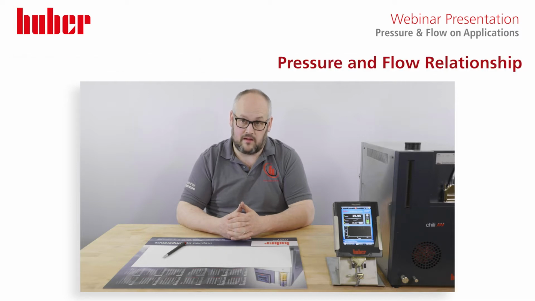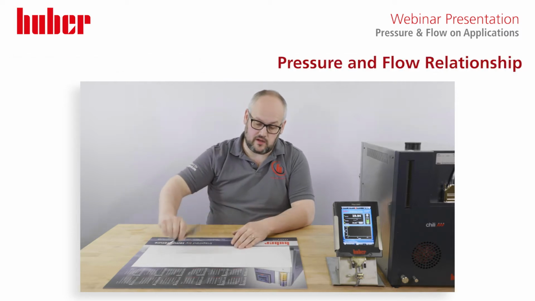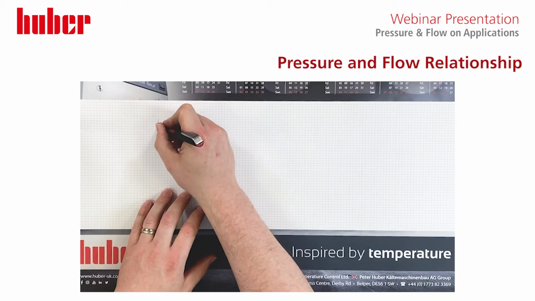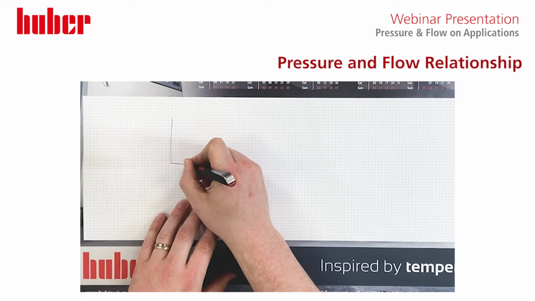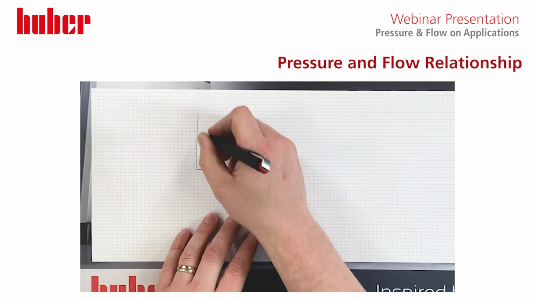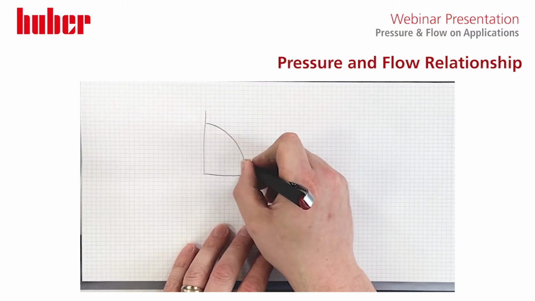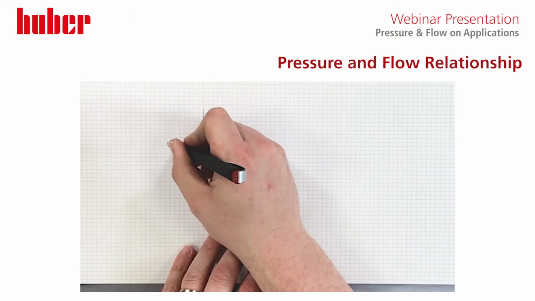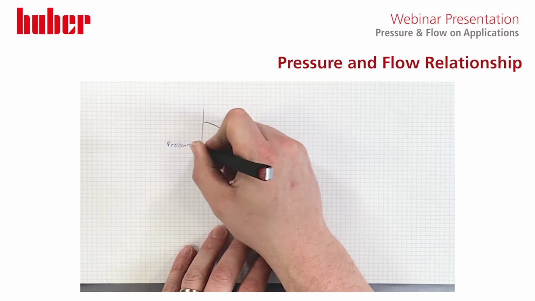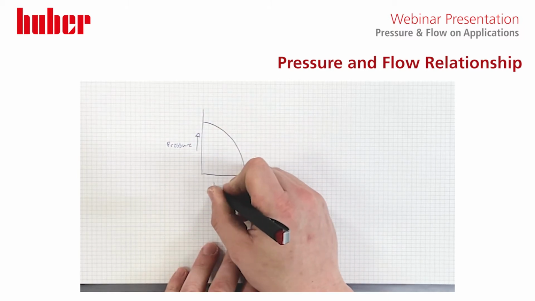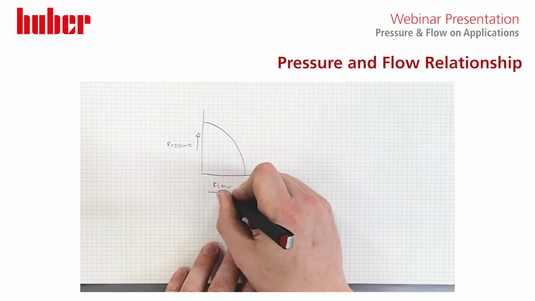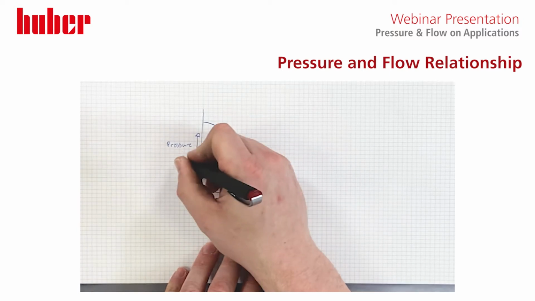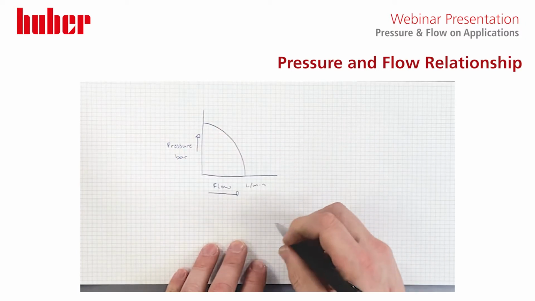So if we take a step back, if we think about flow and pressure, they are related. If we draw a simple graph of pressure versus flow, we've got pressure here versus flow, and we say liters per minute, and let's go good old bar here.